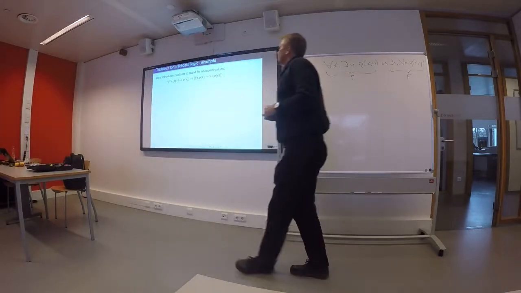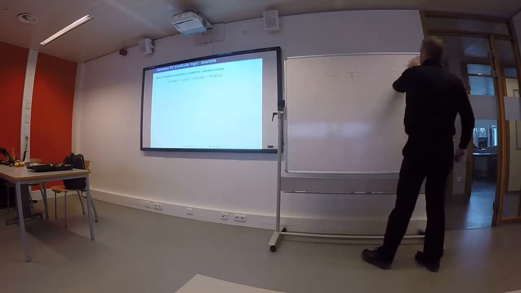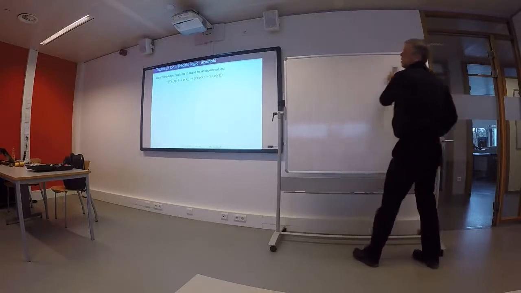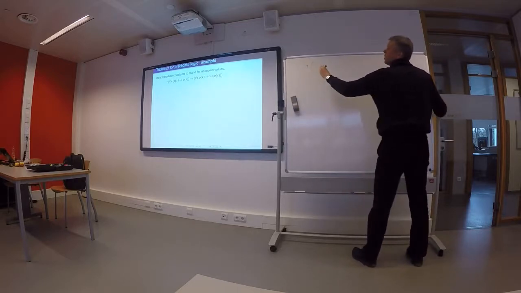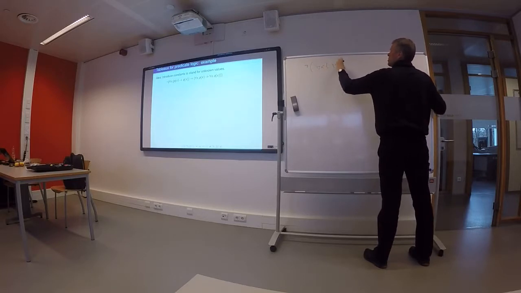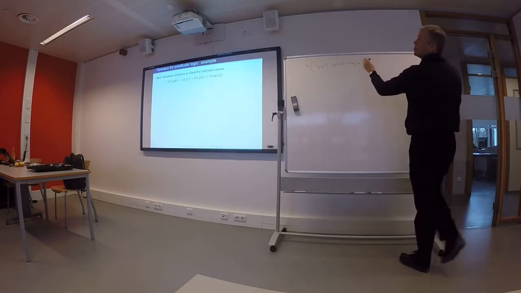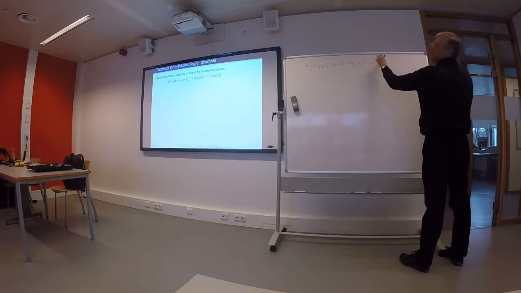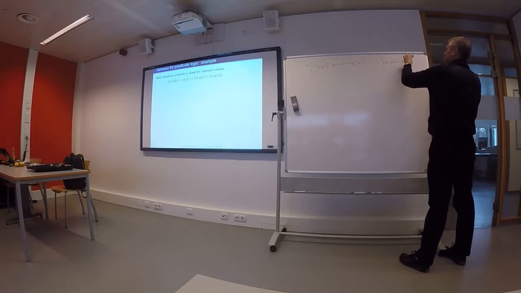So let's take the formula over here. The formula is saying: not, for all x, p of x implies q of x, implies, for all x, p of x implies for all x, q of x.